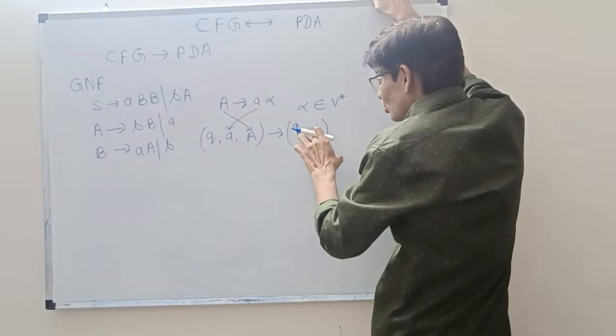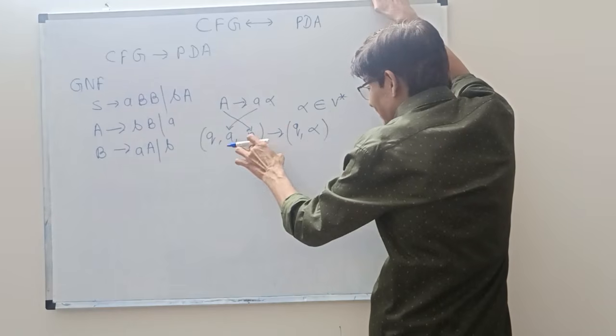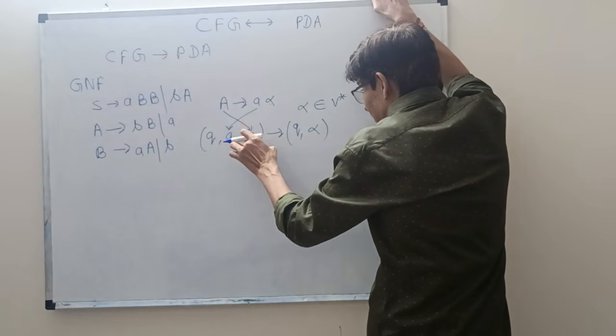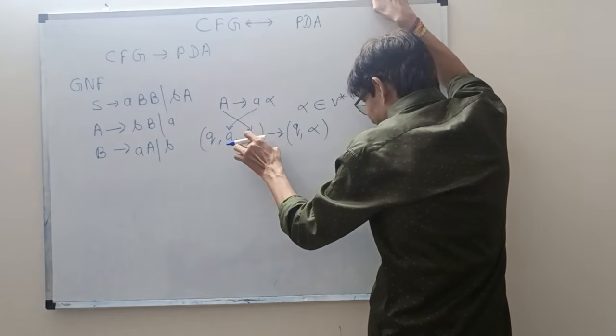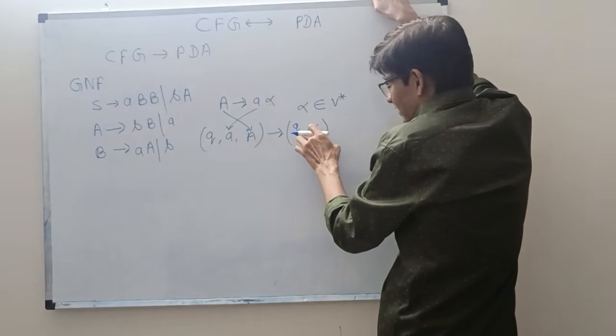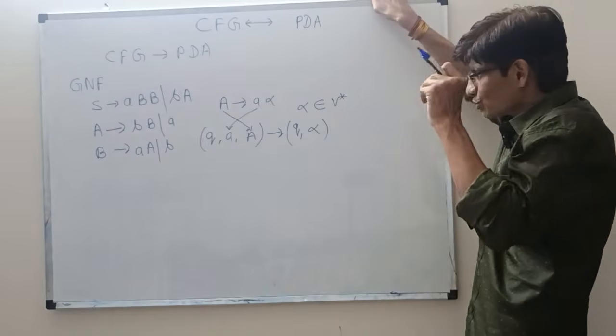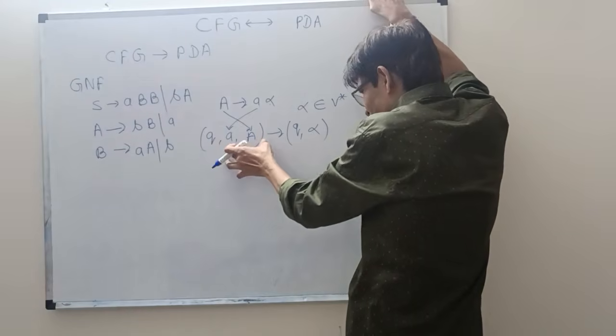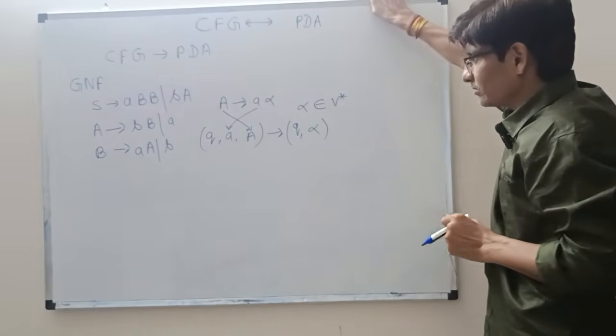But here you can notice we are not writing A. That means first we need to remove this A from the stack, and then we can push this alpha onto the stack. So this is how this kind of production rule is converted into a transition.